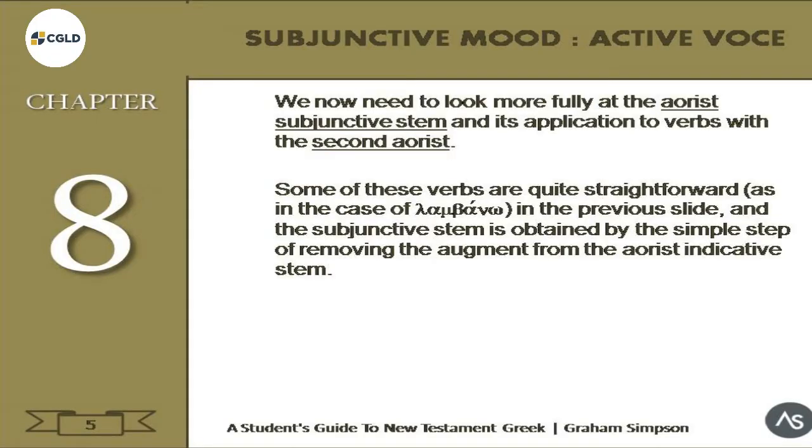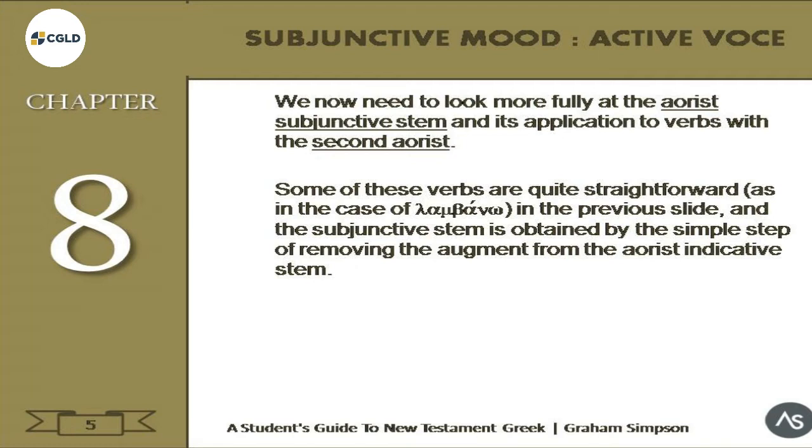We now need to look more fully at the aorist subjunctive stem and its application to verbs with the second aorist. Some of these verbs are quite straightforward, as in the case of lambano.